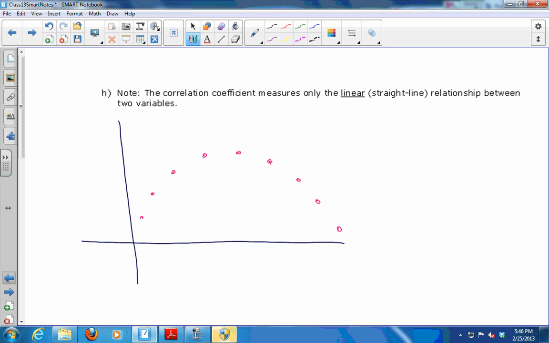Yet, if I were to try to create an R value for that, creating the line of best fit for this data would be something like, I don't know, that, right? And I would get an R approximately 0. So just keep in mind, it's possible to get an R value of 0. Doesn't mean there's no relationship. It just means that it's not linear.